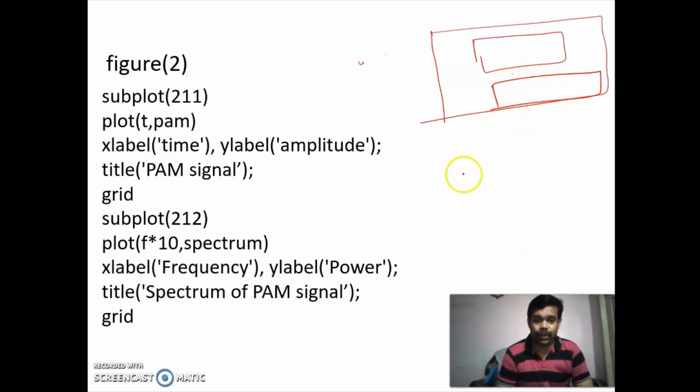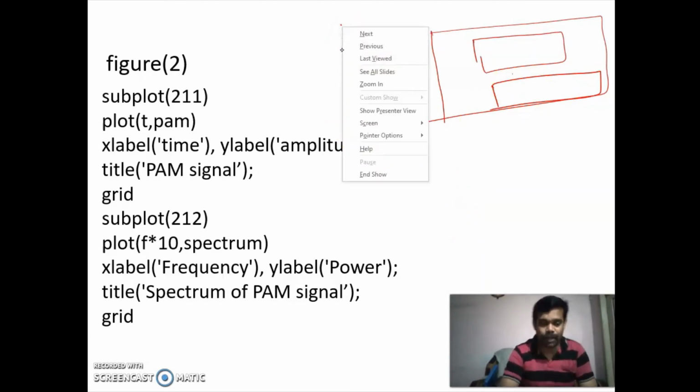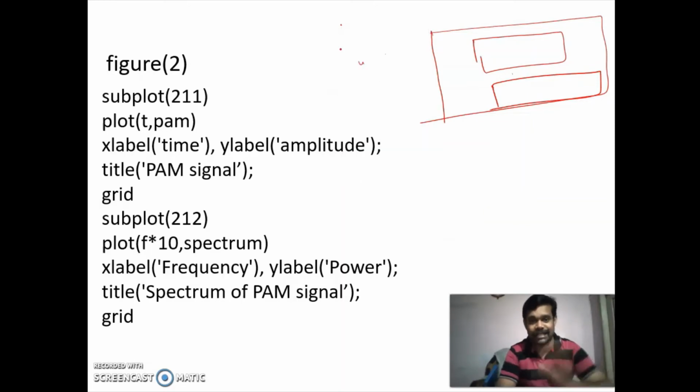Then subplot 2, 1, 2. In figure 2, for the first subplot the x-axis is the time axis, but for the spectrum, the x-axis is the frequency axis. So plot f into 10 comma spectrum, multiplying the frequency by 10, and it will plot the spectrum.